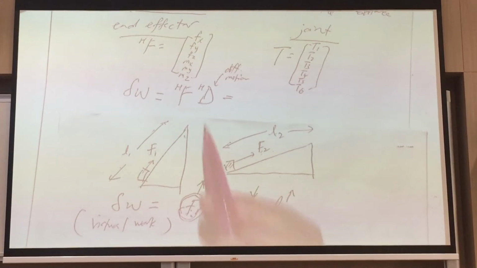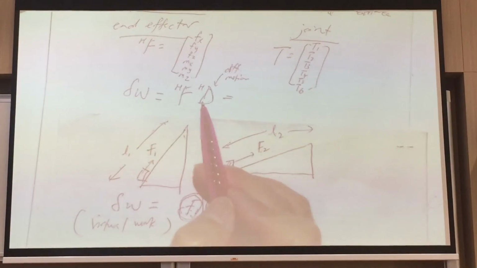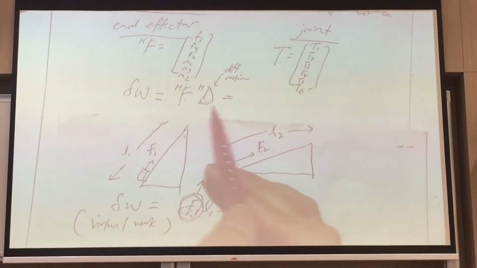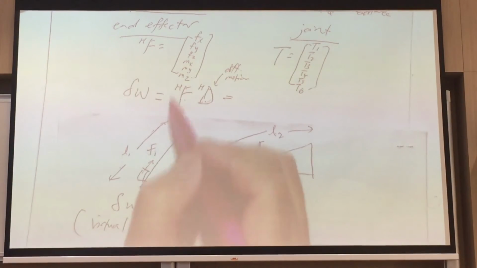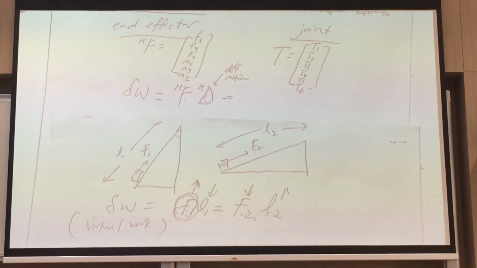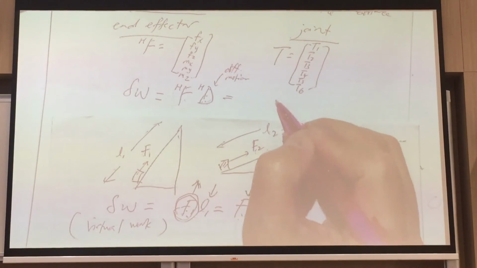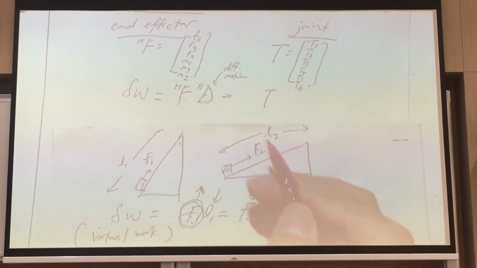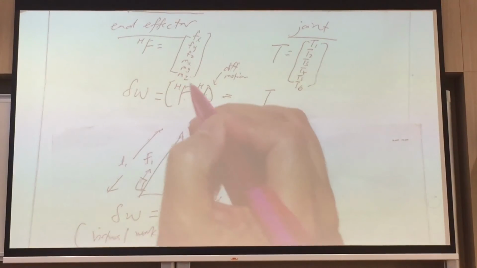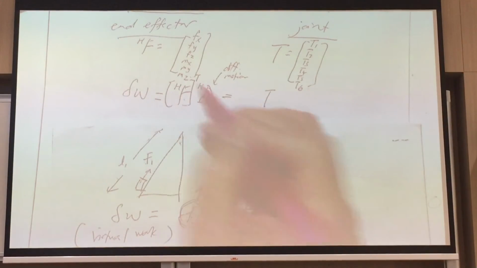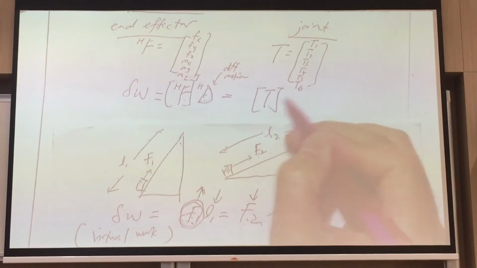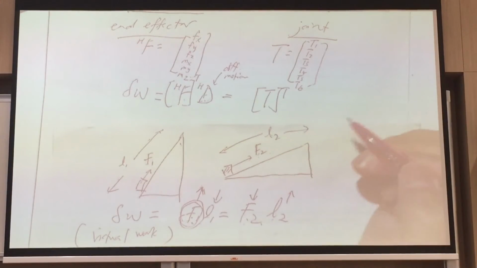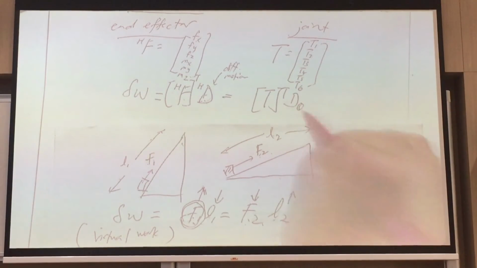We are going to use back the same matrix D, but now it's force multiplied by distance. So this is done at the end effector. This is equal to the work done at the joint, T. Sorry, there is a transpose here. There is a transpose here. Multiplied by D theta.